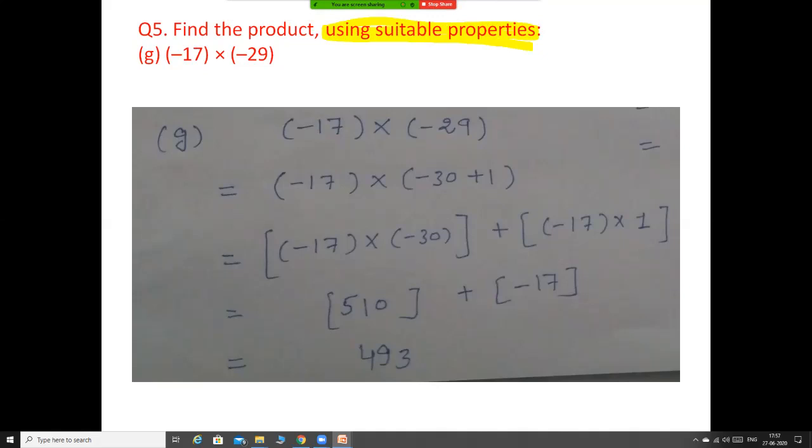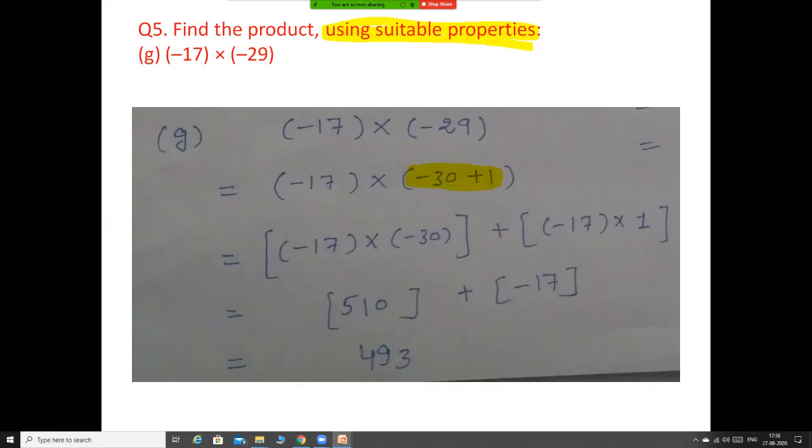So here again, we are just thinking of something else. Minus 29, we can write this as minus 30 plus 1. Minus 30 plus 1, answer is minus 29. In place of minus 29, we are writing minus 30 plus 1.